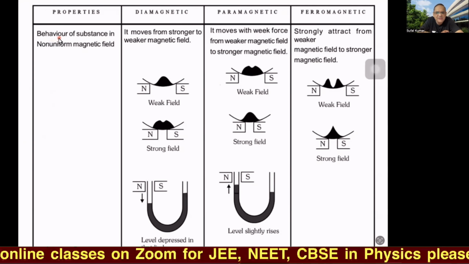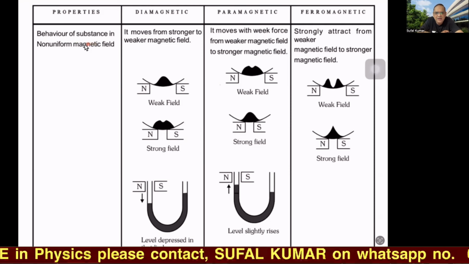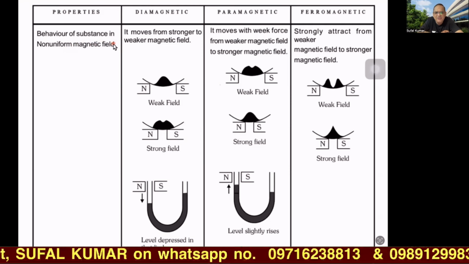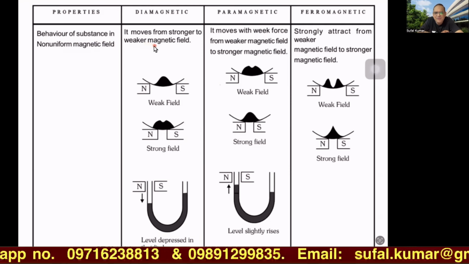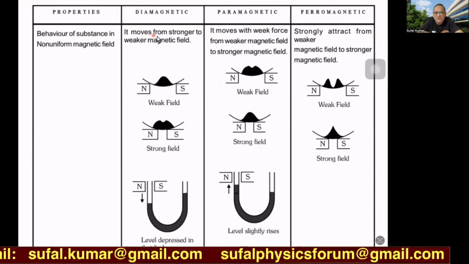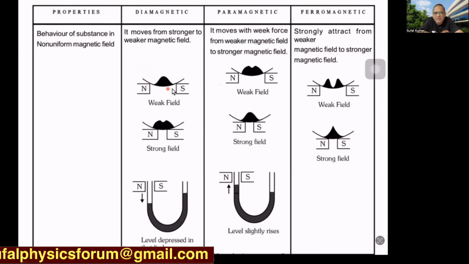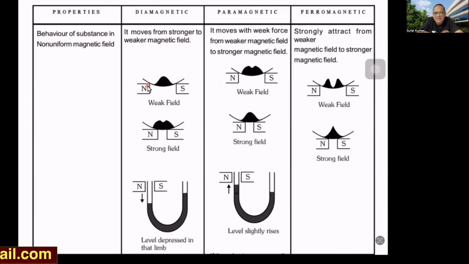Here, firstly, behavior. In the context of behavior in a non-uniform magnetic field, how do these three types of magnetic materials behave? It moves from stronger to weaker magnetic field. See the north and south pole strength. Diamagnetic substances are going away; they completely went away from the pole strength.